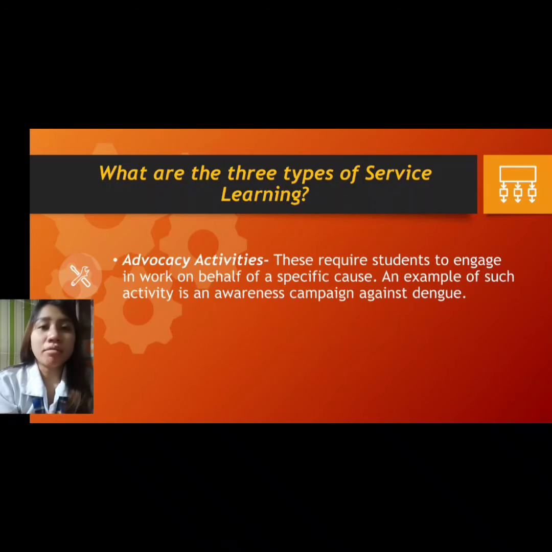awareness campaign. So, syempre, merong campaign. So, talagang kailangan yung mismong mga bata na yung lumabas ng school para i-implement yung ganitong activities.